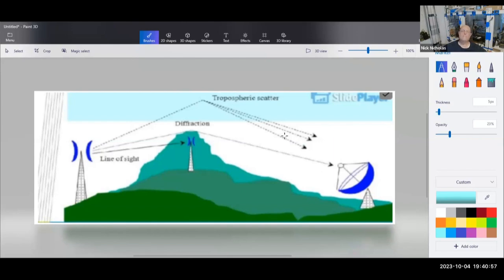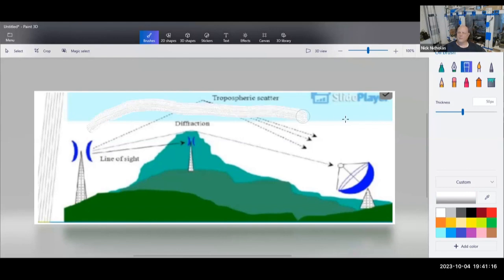And there's one more, and this one I'm going to draw for you. I'm going to take this fancy color here. I'm going to take a paintbrush. Sometimes what happens is our atmosphere folds over on itself.